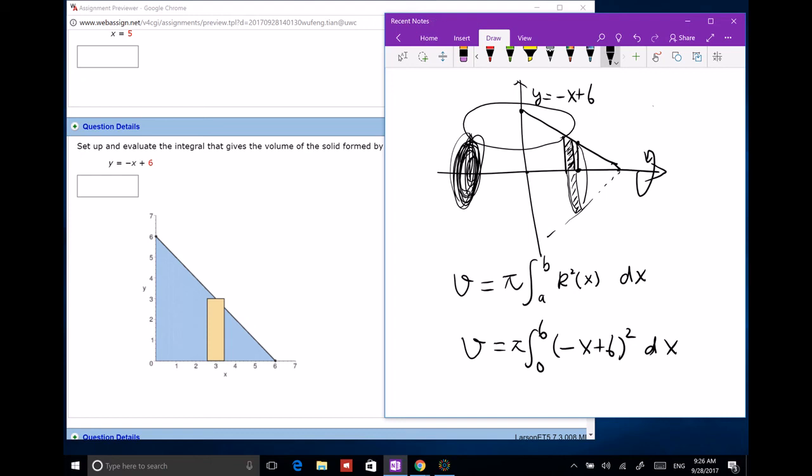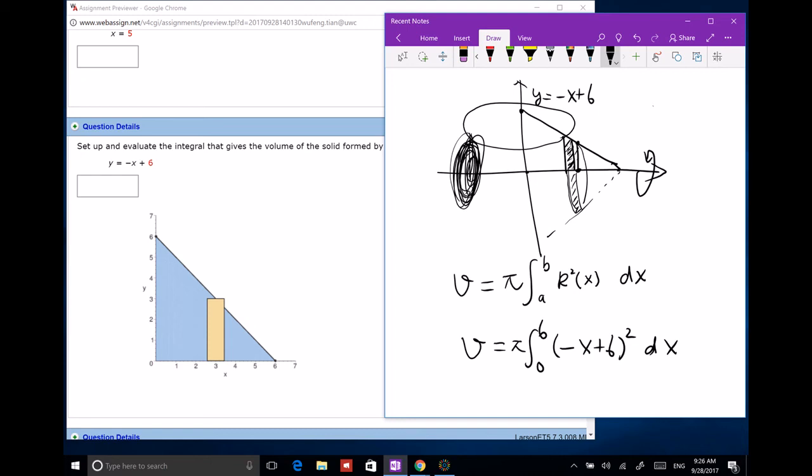Yes, that part does. Then it will tell you which formula to use. I guess in my test, I probably said which method you need to use. Doesn't it make a cylinder when you rotate it around the y-axis? It does. You make a cone, right?